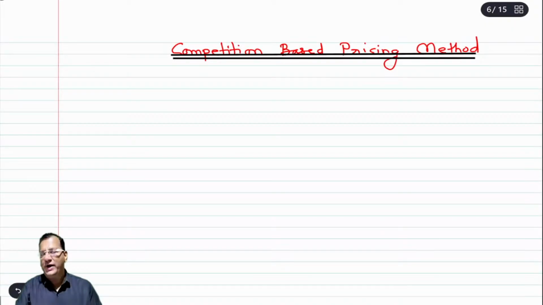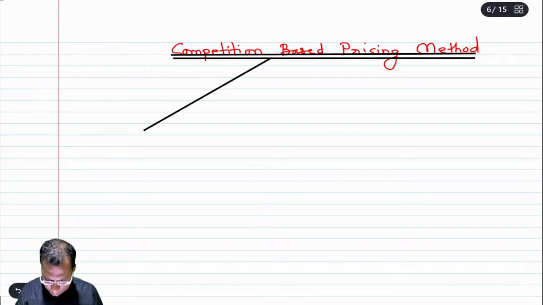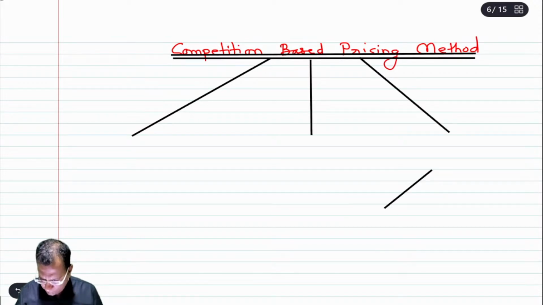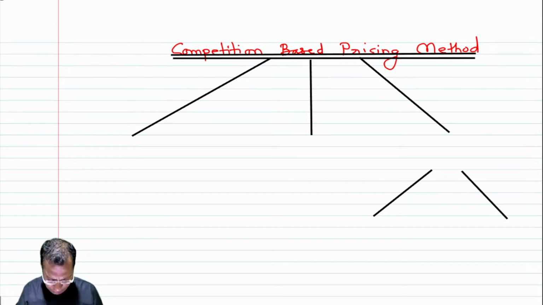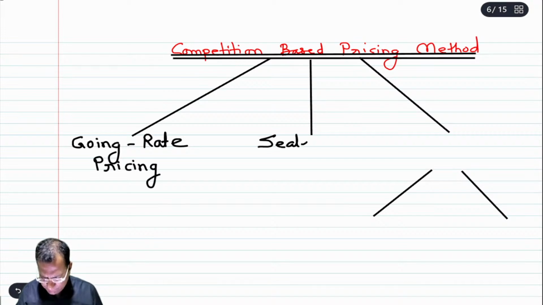We are going to bifurcate this concept of competition-based pricing method into three parts. Part number one is going rate pricing. The second one is sealed bid pricing.